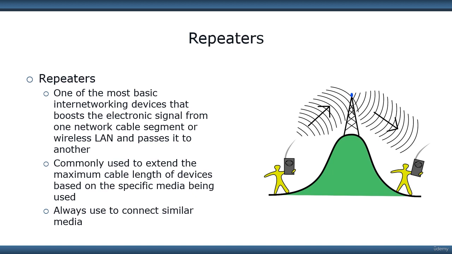It would just be retransmitting wireless signals as opposed to the electrical signals on a wire. Repeaters are always going to connect similar media, so Ethernet on both sides, coaxial cable on both sides, that kind of thing. And they're simply there to regenerate the signal.